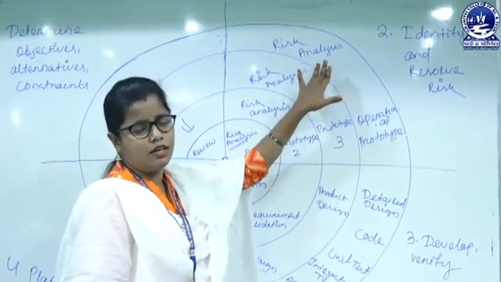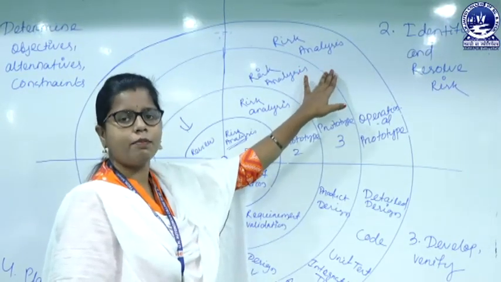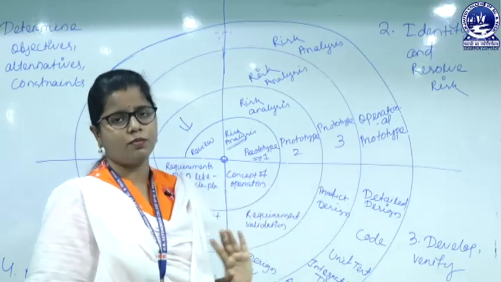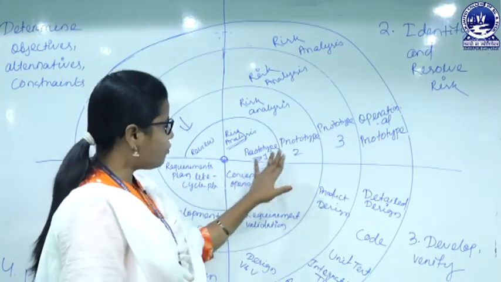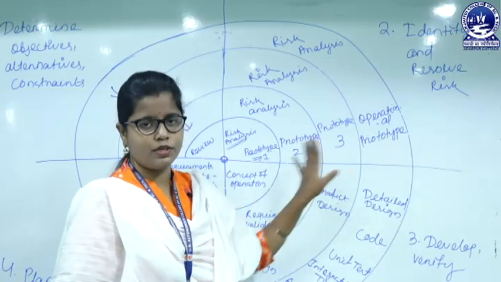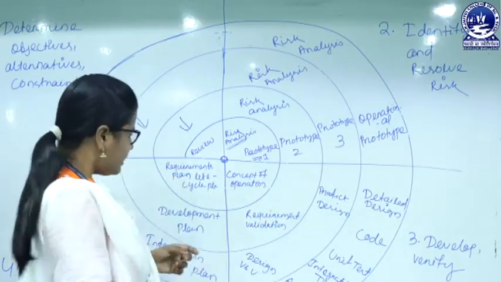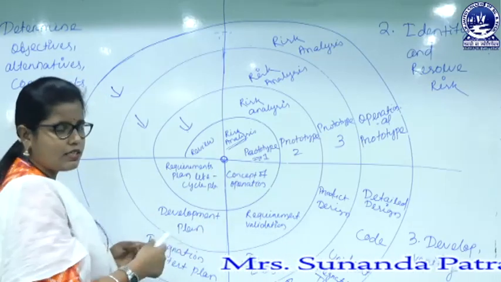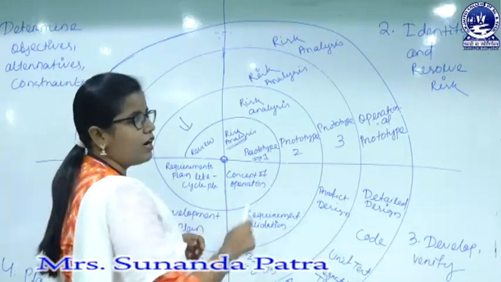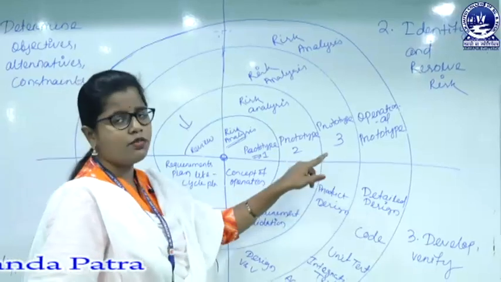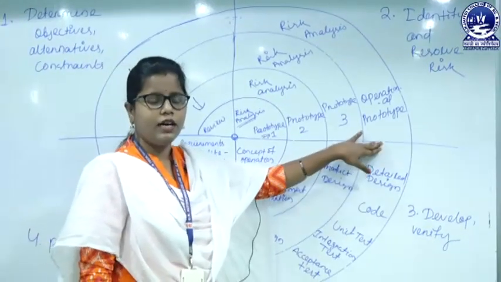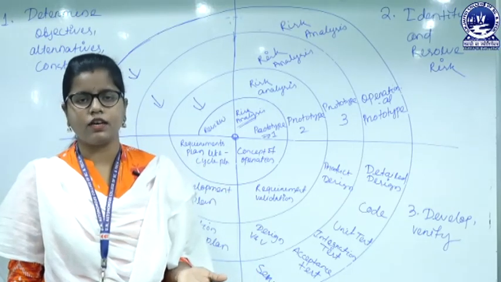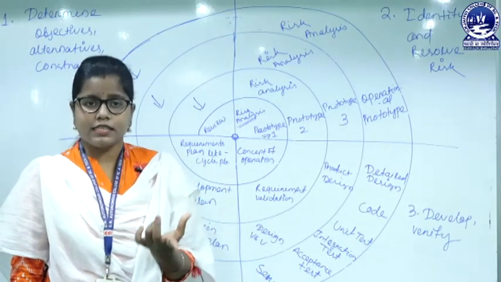Then after analyzing the risk and after getting the best solution, then we will go for the operational prototype. So what are those prototypes 1, 2, 3 and why is it the operational prototype? Because this one is for requirement analysis, this one for the requirement validation, this one for design, but here after integration and test plan we are not left with any other phase. So what is that prototype?